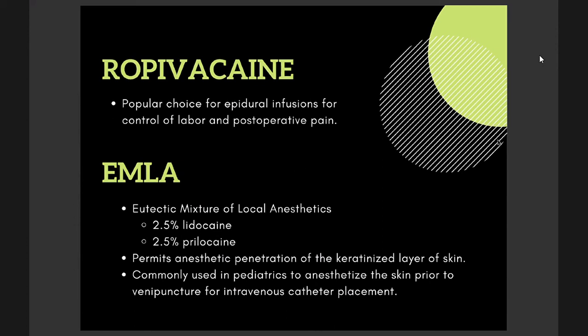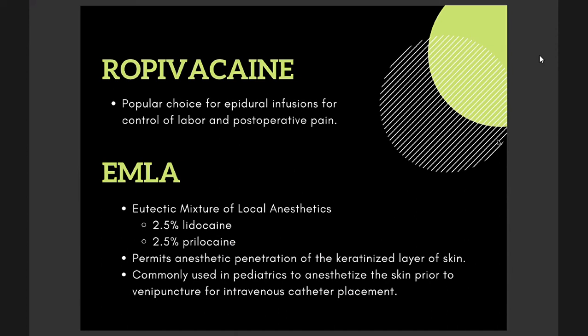Like bupivacaine, it is highly protein bound and has a lengthy duration of action. However, it is less cardiotoxic than bupivacaine. It is capable of providing differential blockade since it is capable of separating sensory and motor blockade. Because of this characteristic, ropivacaine is also an ideal anesthetic for use in obstetric procedures.